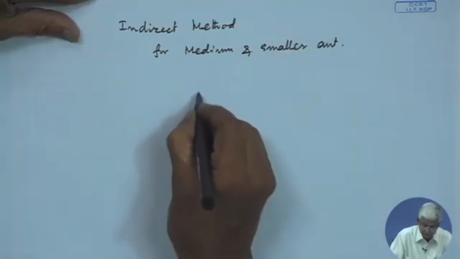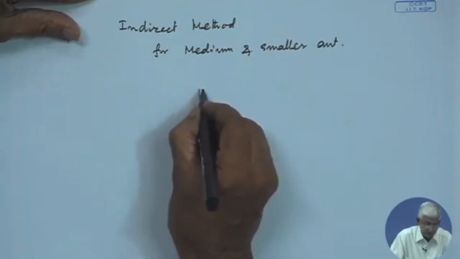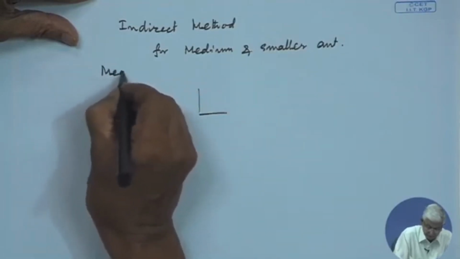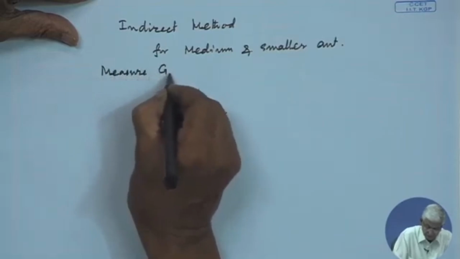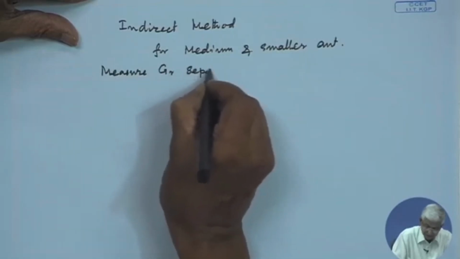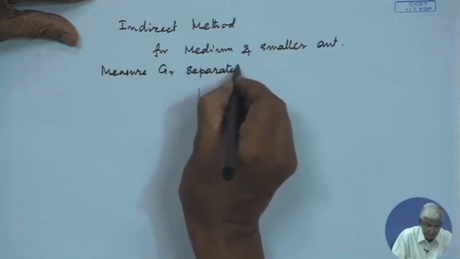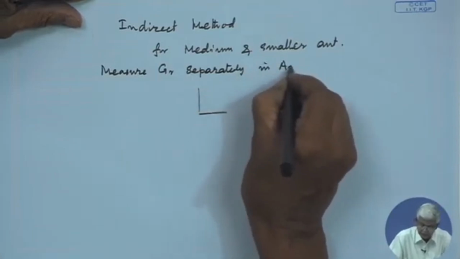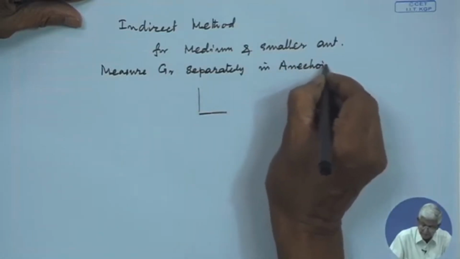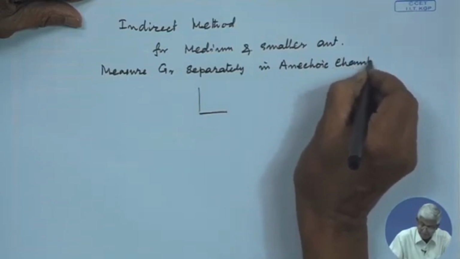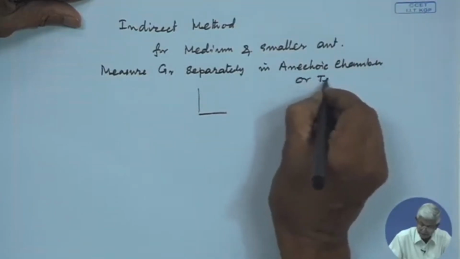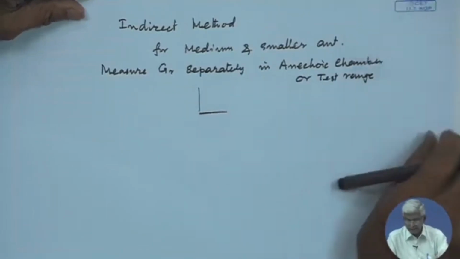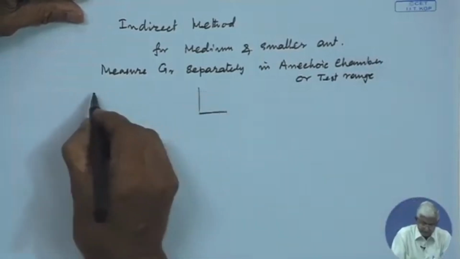So, here we do it this way. We measure G R separately, in an anechoic chamber or test range. And then measure T separately.